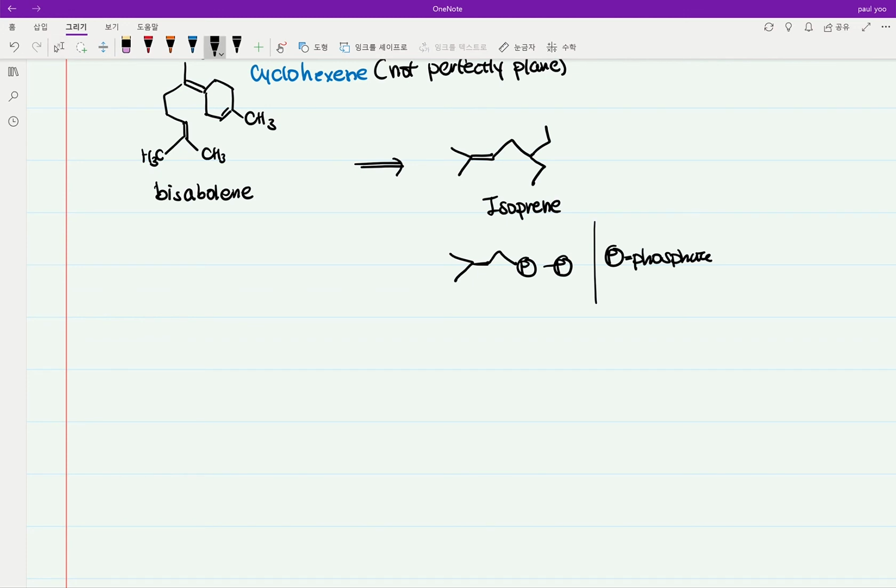And this product has the name of DMAPP. The P stands for dimethylallyl pyrophosphate.